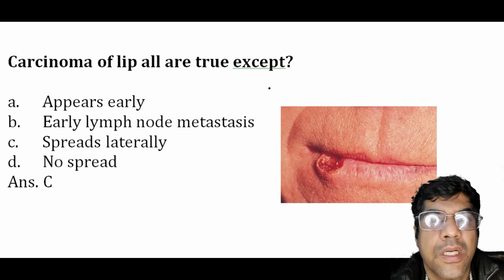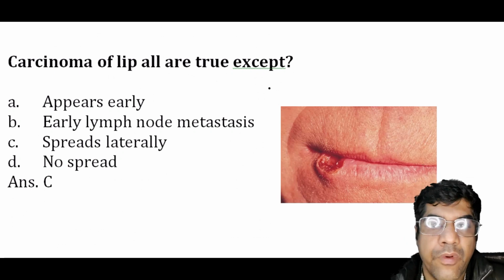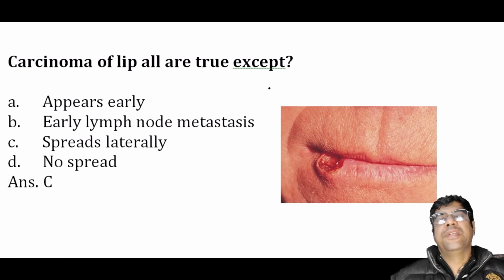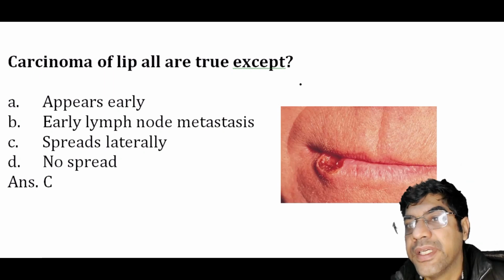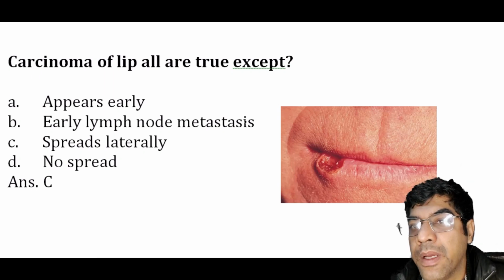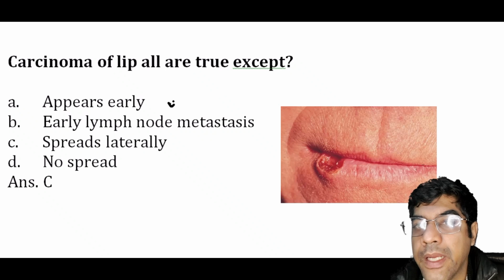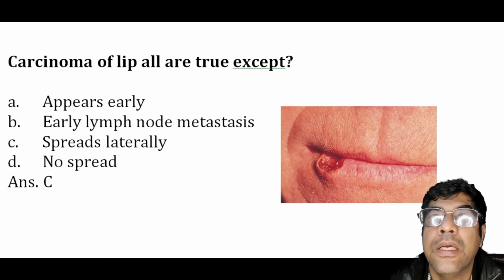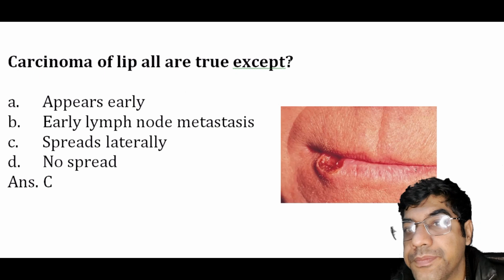Coming to the next question, for carcinoma lip, all of the following statements are true except: the lip cancer can become noticeable at an early stage, making it detectable in the initial stages.